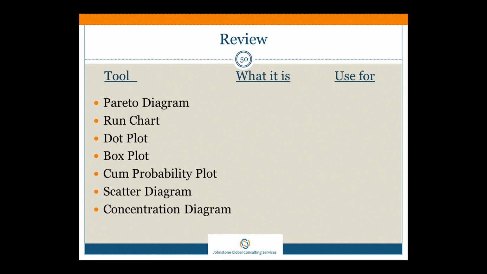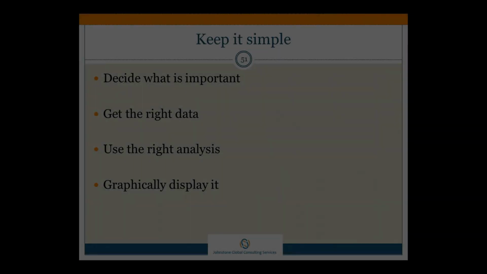A cumulative probability plot or percentile plot shows the percentile of X being less than some number. It's used to predict yield or failures. A scatter diagram plots a result, Y, versus an input, X, used to determine interaction between a variable factor and the result. And a concentration diagram determines the relationship between location and effect.